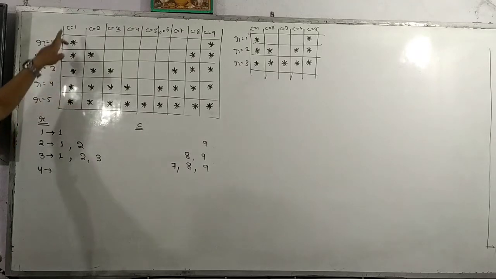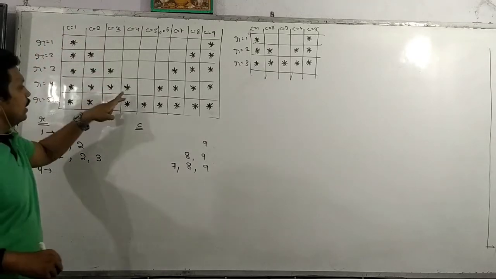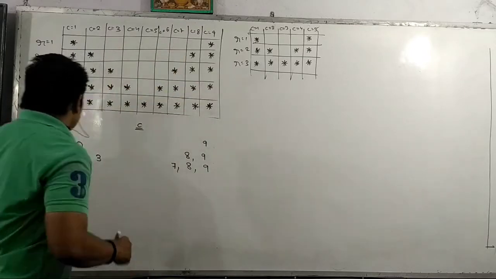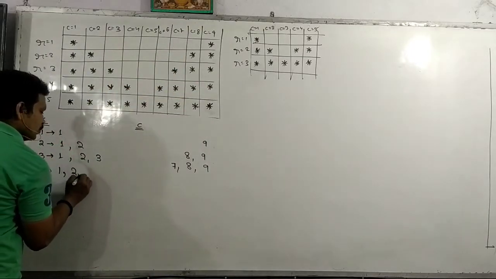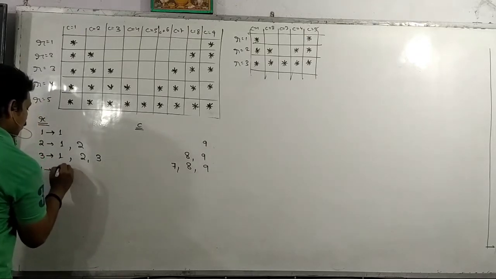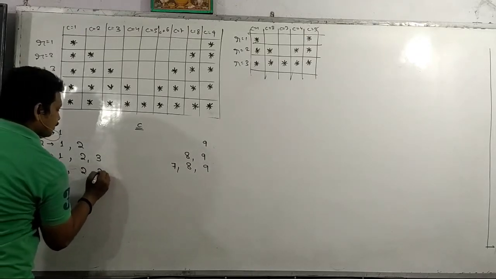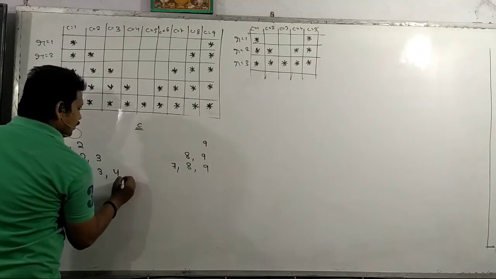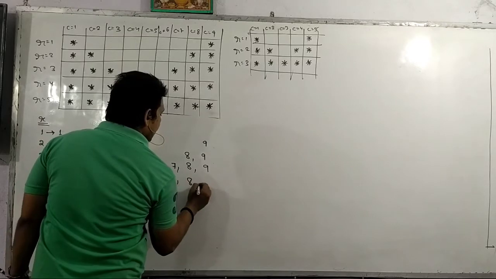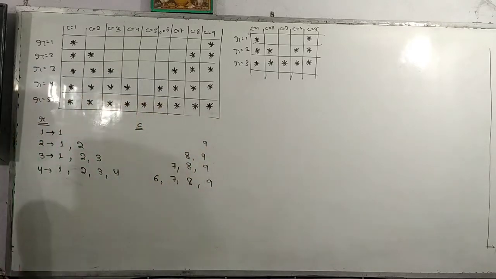When C is equal to 1, 2, 3, 4, 6, 7, 8, 9. Yes or no?